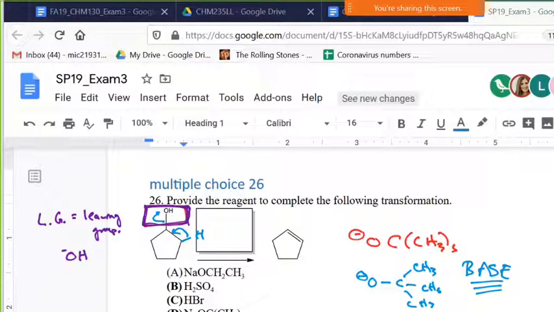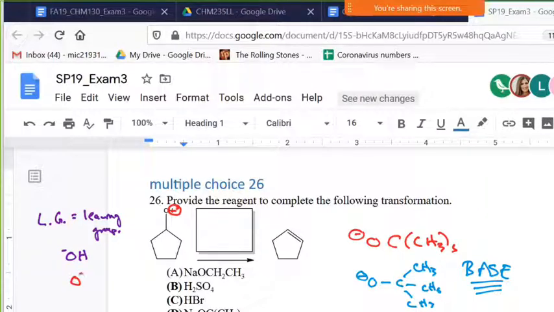It should send up more alarm bells because the hydrogen connected to the oxygen is more acidic than the blue one, because oxygen can better stabilize that charge than the carbon. Which means if I throw this strong base at that structure, it's going to deprotonate the oxygen, making a negative charge.